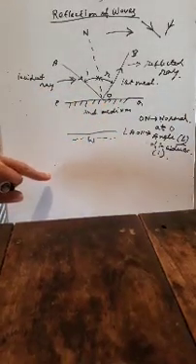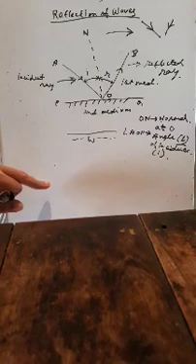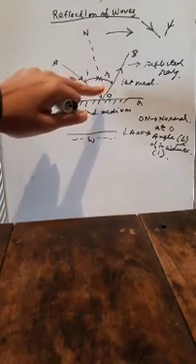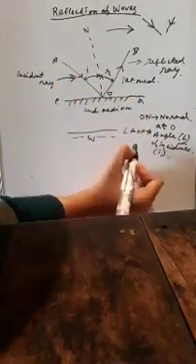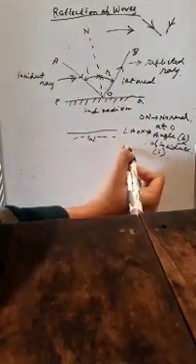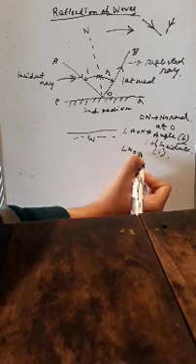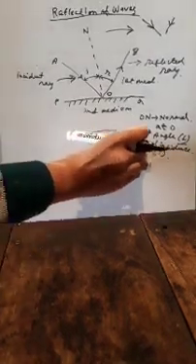The angle of reflection is the angle between the reflected ray and the normal. That means this one, angle NOB. You can also write it from your diagram. I am not writing it again, because these are all the basic parts that you have done in your junior classes.